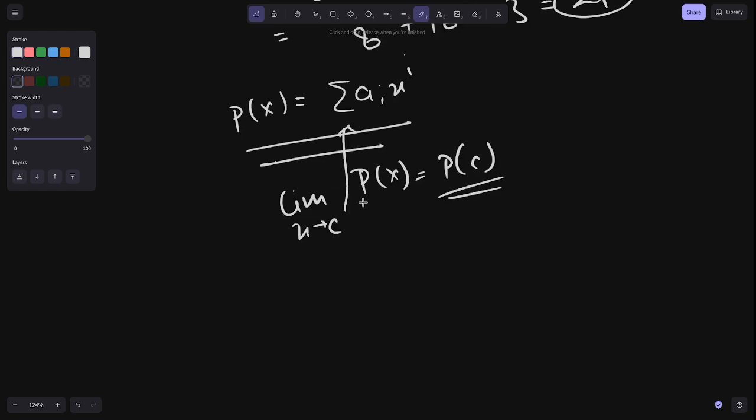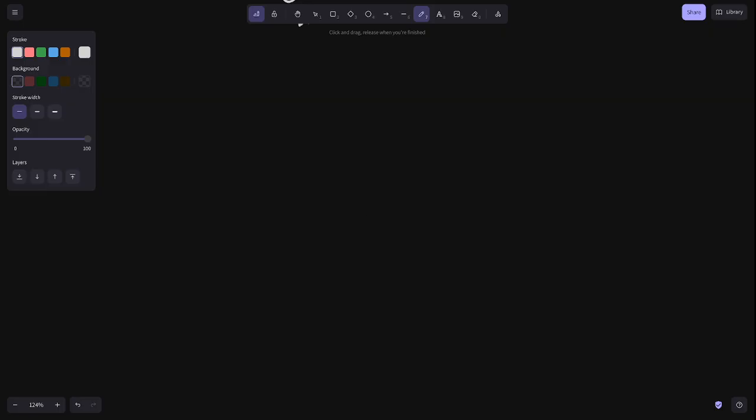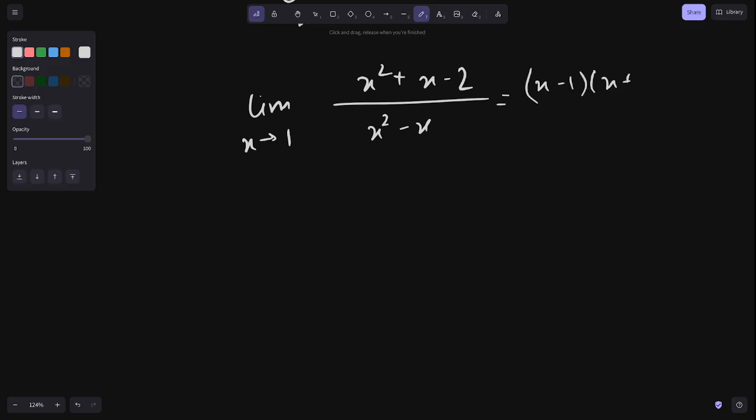Sometimes you might also make the sum easier by eliminating the factors. So for example, if I do limit x tends to 1 of (x square plus x minus 2) over (x square minus x), we can factorize this. The upper one is (x minus 1)(x plus 2), the lower is x(x minus 1).